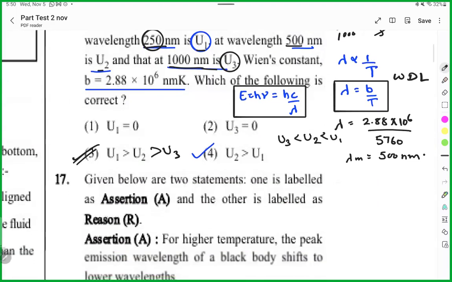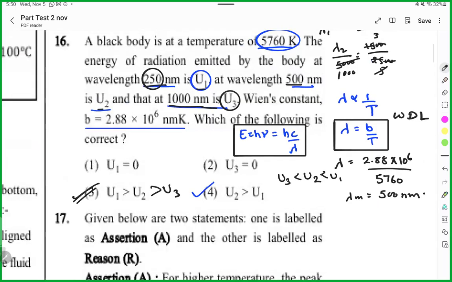Got it, everybody? Arpit, option 3 will not be correct, right? Why will option 4 not be correct? Because if you increase wavelength, then energy will decrease. That's the thing: E is equal to h nu is equal to hc by lambda. Got it?